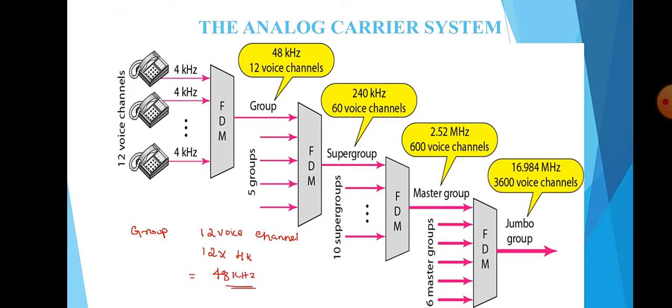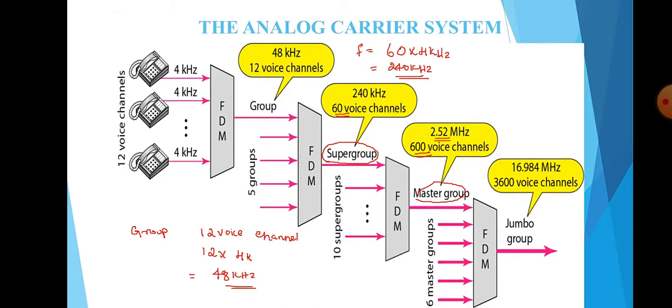In order to construct a supergroup, we'll have around 60 voice channels. 60 voice channels means the frequency is equal to 60 into 4 kilohertz, so we get 240 kilohertz. Similarly, the master group consists of 600 voice channels, but here we consider the guard band also.